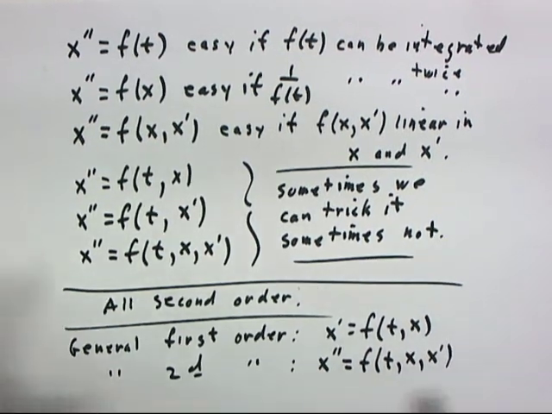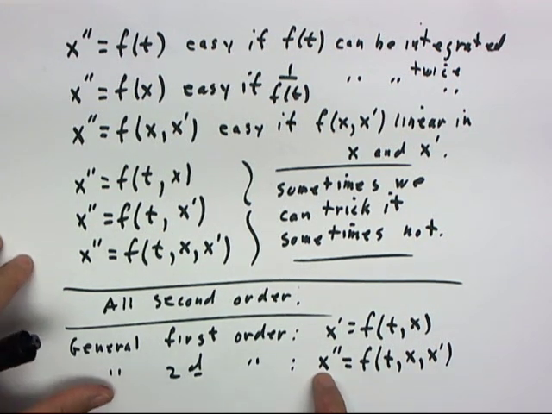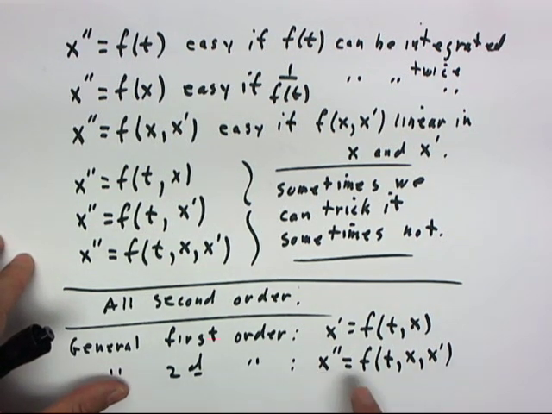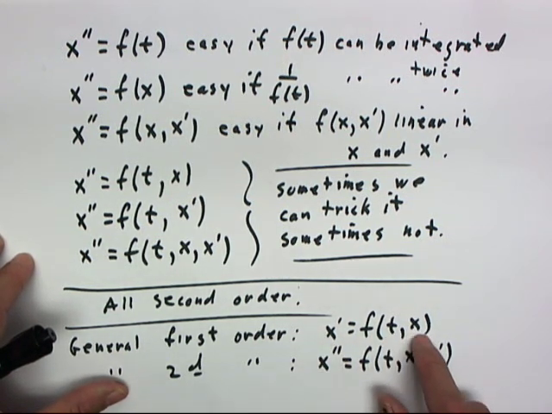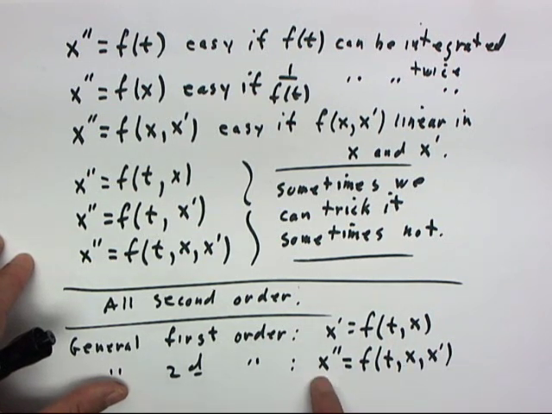And in general, a higher order differential equation would relate some higher derivative of x to a function that involves t and the lower derivatives of x. Notice that each of these, x prime is a function of t and x, and x double prime a function of t and the lower derivatives, the first derivative and the function x itself.